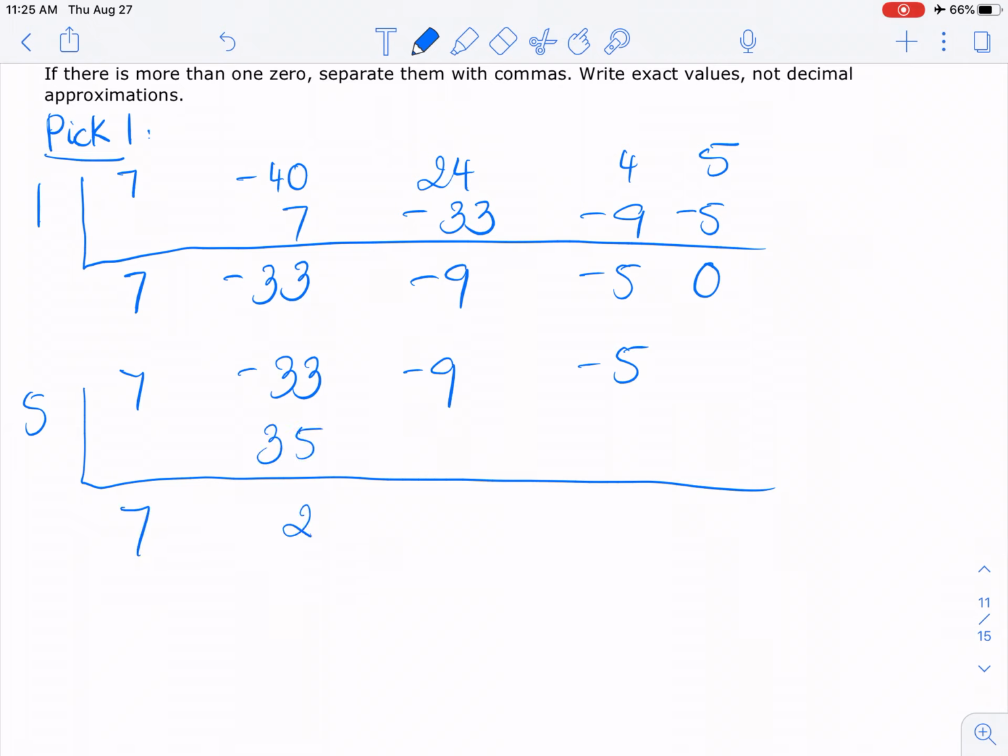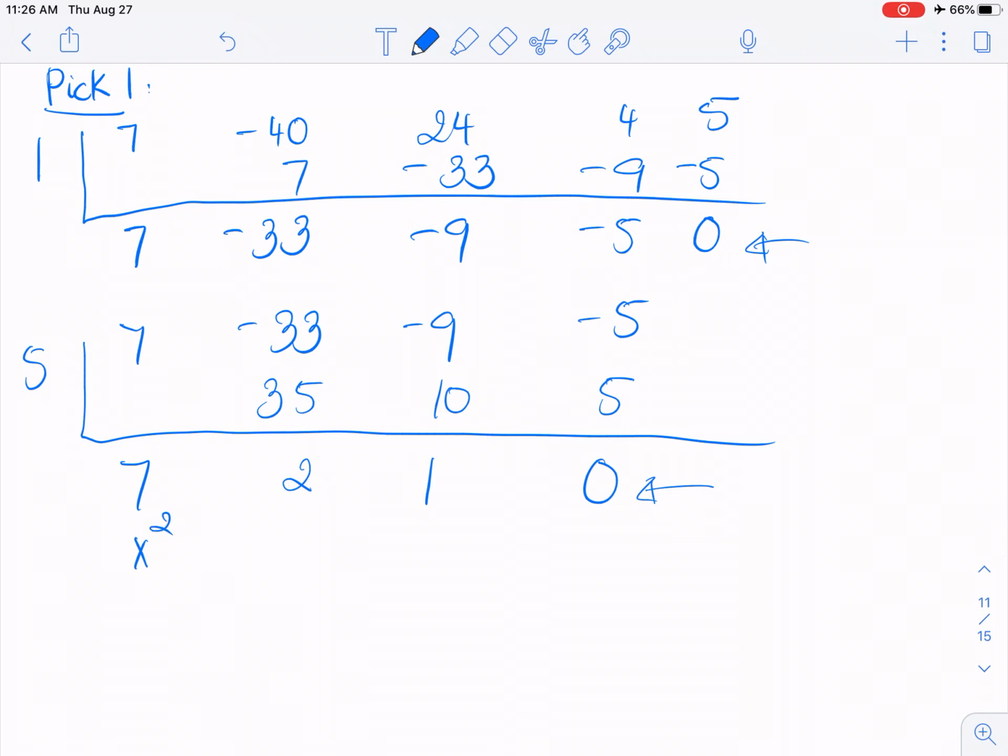Okay, now we ended up with a quadratic, so I can just proceed with the quadratic formula. This one I'm going to use the quadratic formula because of the 7 here. So x equals negative 2 plus and minus the square root of 2 squared, which is 4, minus 4 times 7 times 1, everything over 2 times 7.